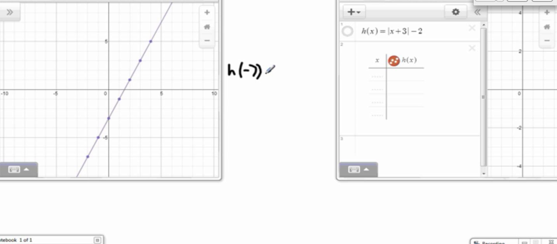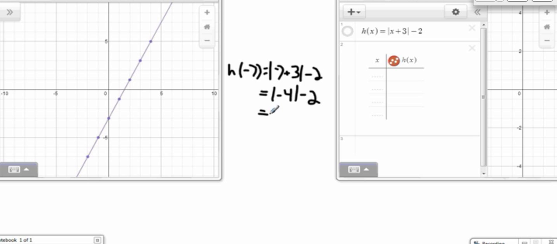So we have h of -7 is equal to the absolute value of, well, x plus 3, but our x is -7. So our absolute value of -7 plus 3 minus 2. All I did was plug in -7 for the x, because -7 is our input, and we're trying to find the output. So that's the absolute value of -4 minus 2. And the absolute value means distance from 0.